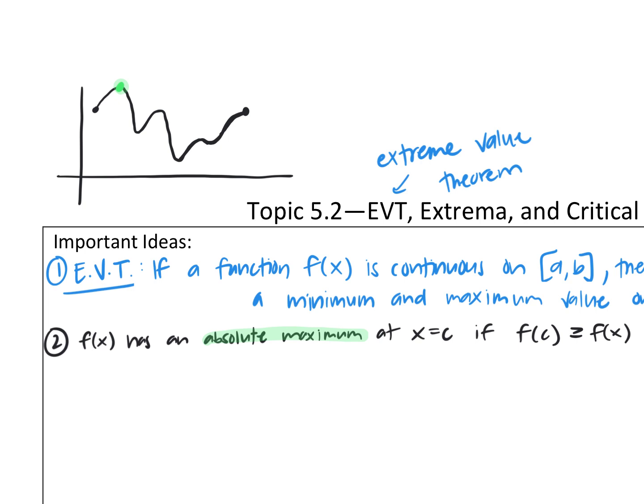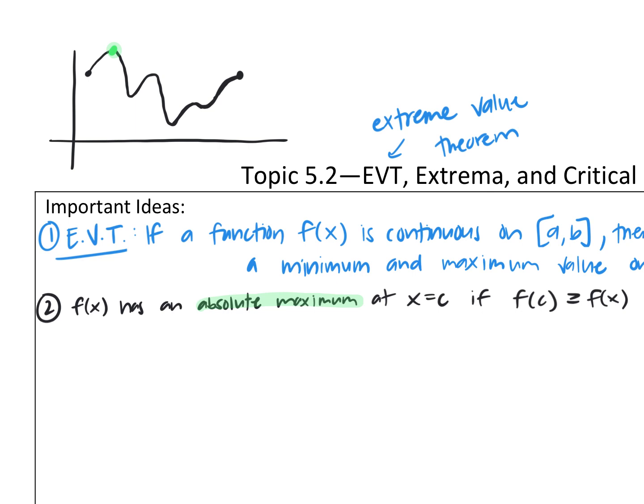Now, if you're on Notability, you can copy and paste that statement 3 more times down below it, and we are going to erase certain words and then rewrite them. However, since Explain Everything does not have that function, I have to rewrite it. So just bear with me while I start writing the new statement about our relative maximum.